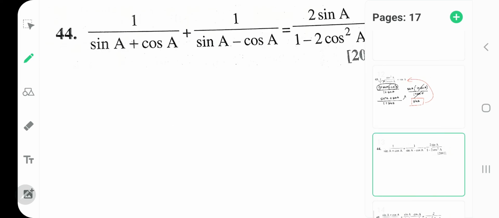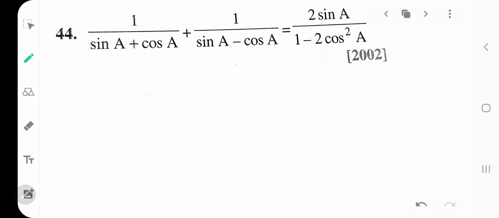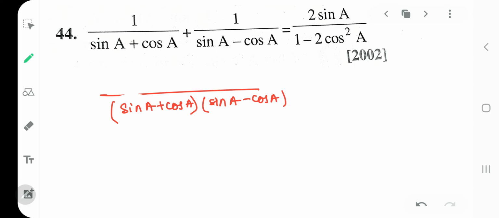Next is problem number 44. For the left hand side, you have to take your LCM. So that will be for LCM also, if you notice there, it is, yes, sin A plus cos A multiply with sin A minus cos A. And you have to cross multiply, that is sin A minus cos A plus sin A plus cos A. Got my point?